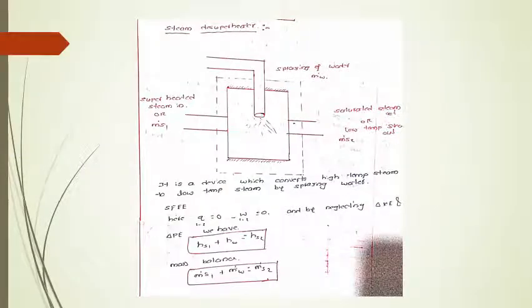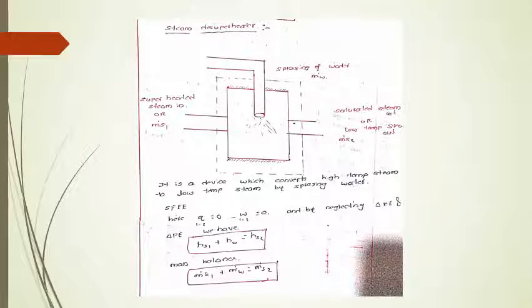Steam desuperheater. A steam desuperheater is a device which converts high temperature steam to low temperature steam by spraying water. That is why the name of the device is desuperheater. Desuperheater means it reduces the temperature of steam by spraying water.